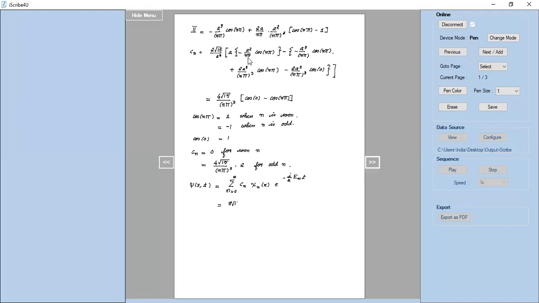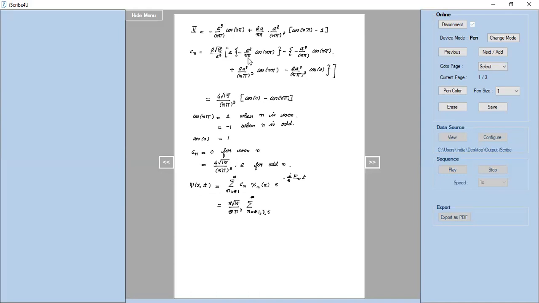Sorry, this should be pi cube, summation of n is equal to 1 to infinity. Sorry, 1. Yeah, you're absolutely right. Very sorry. So now we know that it's going to be 1, 3, 5, and so on and so forth.